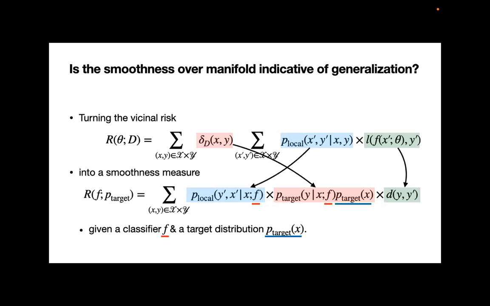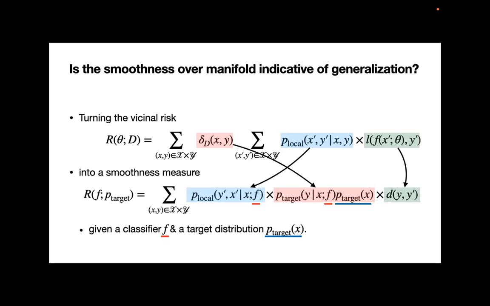Within that, our classifier's prediction has to be similar to the original targets, or at least between two points in a vicinity, the predictions have to be close to each other. The idea is that I look at all the vicinities given a target set, and within each vicinity the predicted labels have to be similar to each other. That's a smoothness measure that is motivated, in fact directly transformed, from the vicinal risk that we talked about.